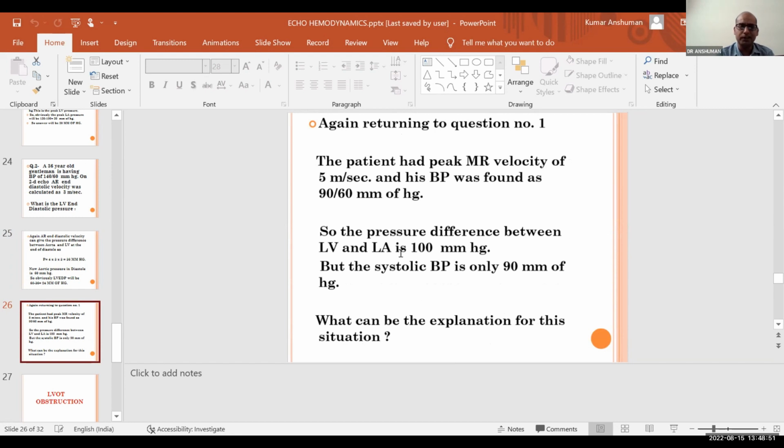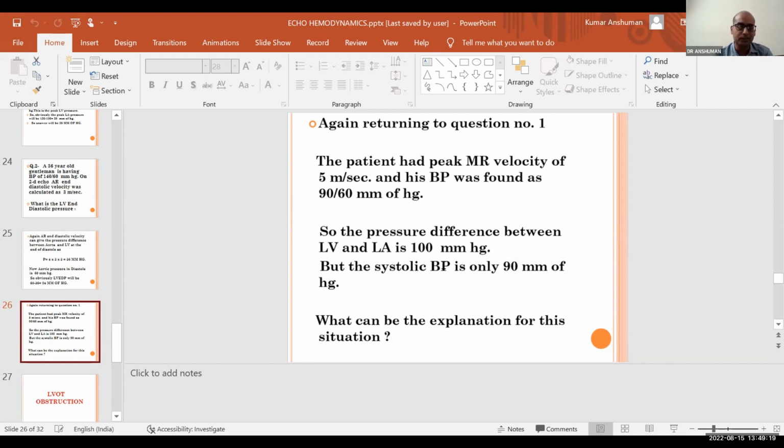So the LV and LA pressure difference is 100, and systolic blood pressure is only 90 in this patient. How is it possible? Is there any abnormality in this equation? What is the problem? If the pressure difference is 100 and systolic BP is 90, how can it be possible?